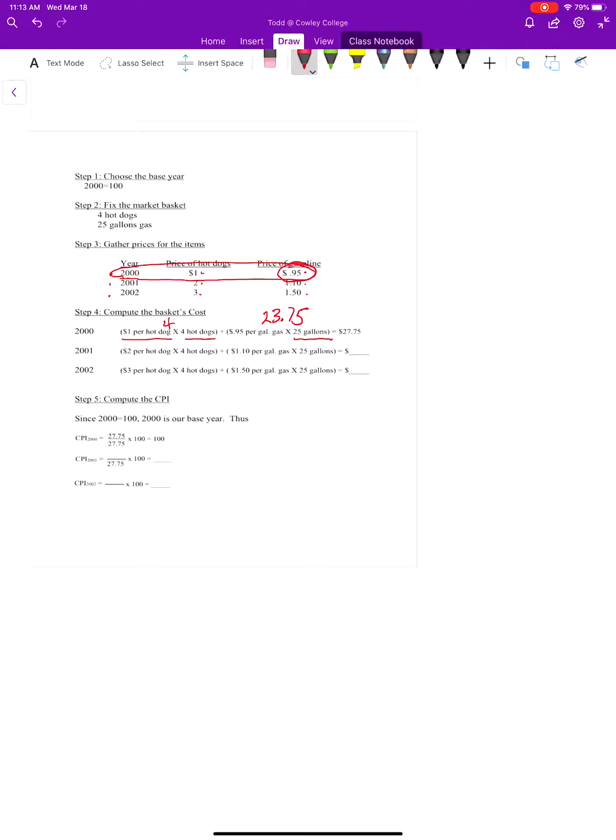All right, so you add those two numbers together. So this market basket in the year 2000, using these prices, will cost us $27.75.